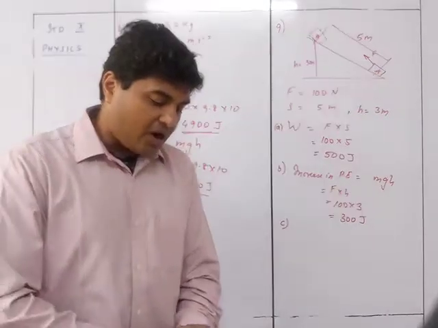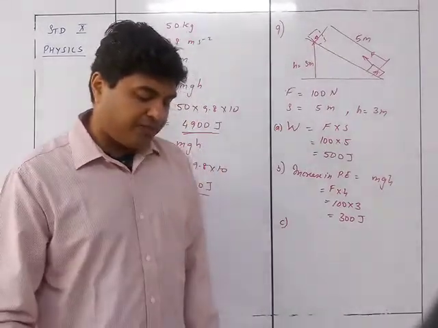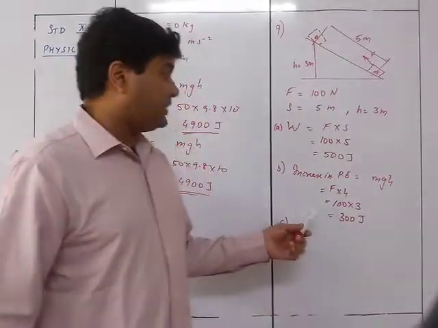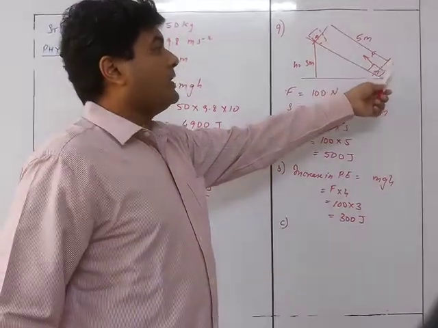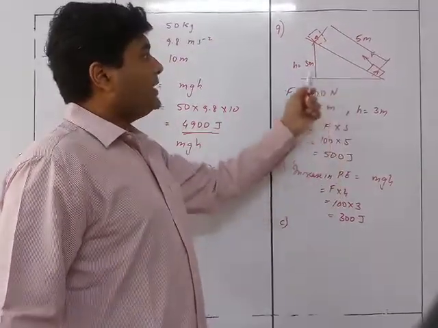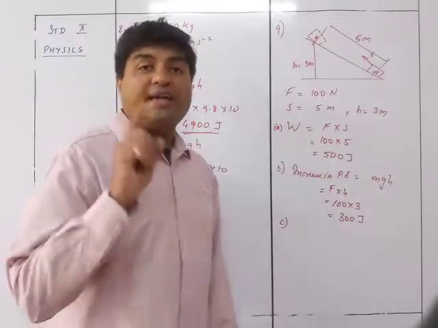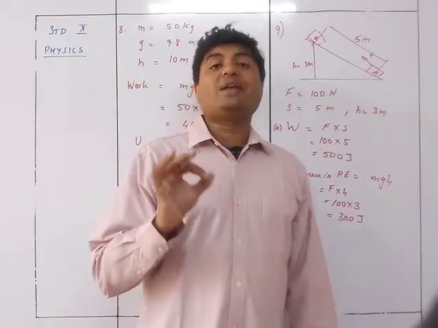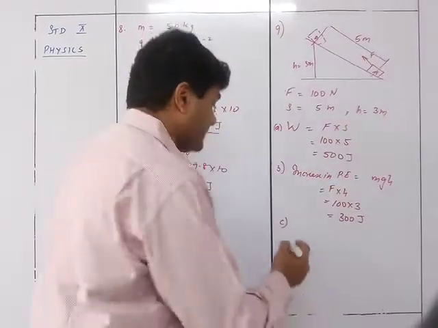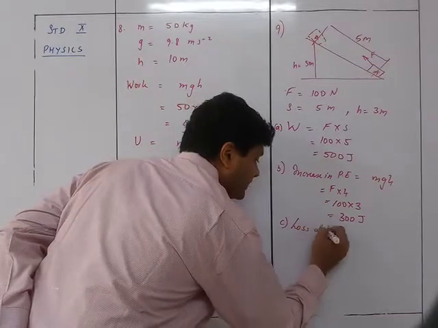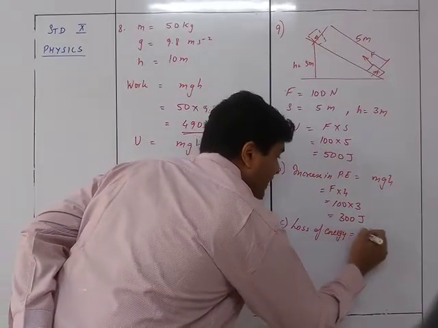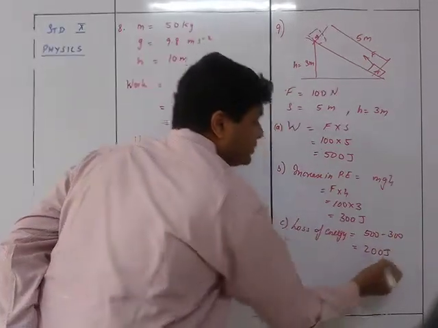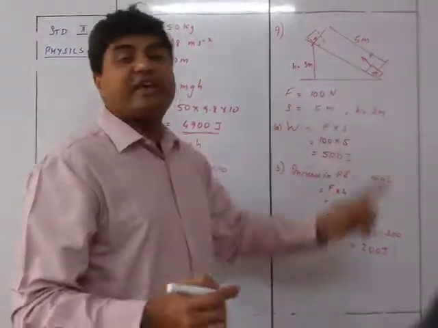And finally again, account for the difference in the work done by the force and the increase in the potential energy of the block. So what is the thing? When I pushed it, the amount of work done by me is 500 joule, but the amount of potential energy which the body achieved was only 300. So there is a loss of energy equal to 500 minus 300, which is 200 joule, which is used up in overcoming the friction.